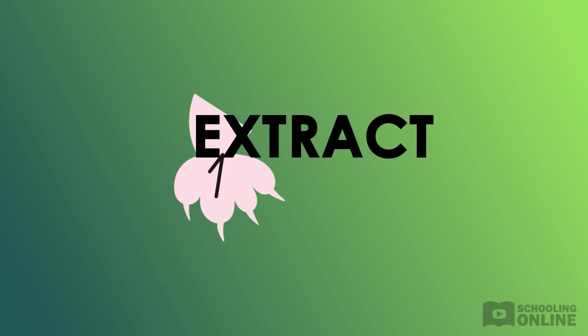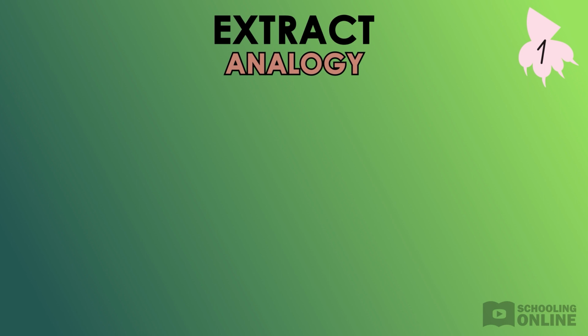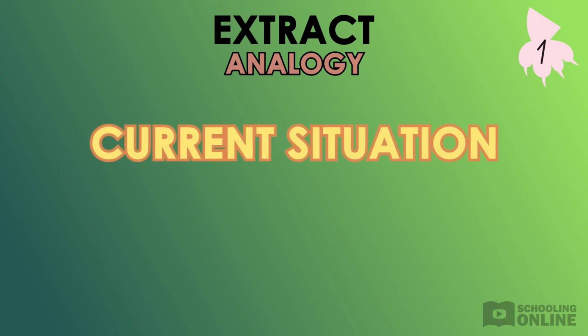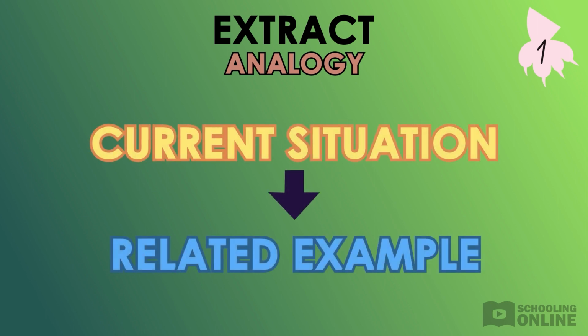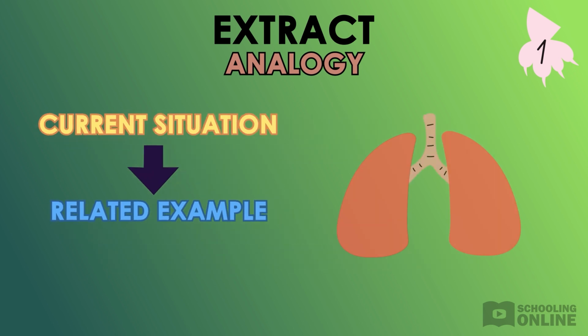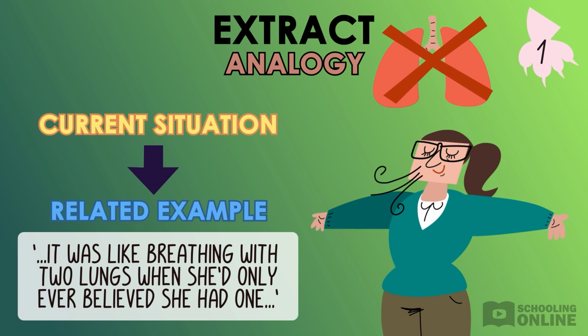It opens with an analogy, which is when an author compares the current situation to a related example in order to better illustrate their point. The character in the extract hasn't literally just started breathing with two lungs instead of one. It's like she just started breathing that way. What could that mean?